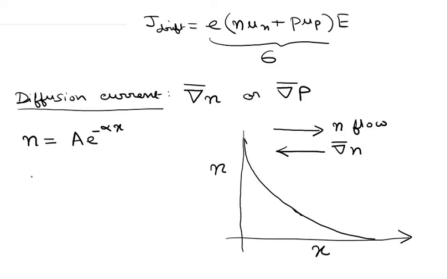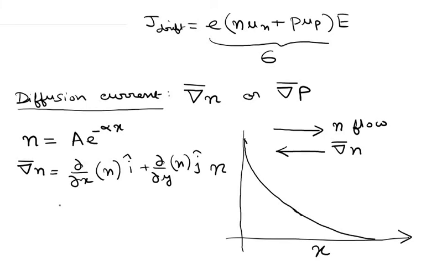Okay, so now gradient of n is basically... i cap. Okay.